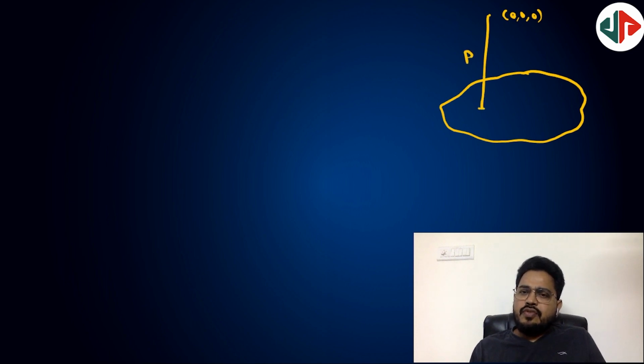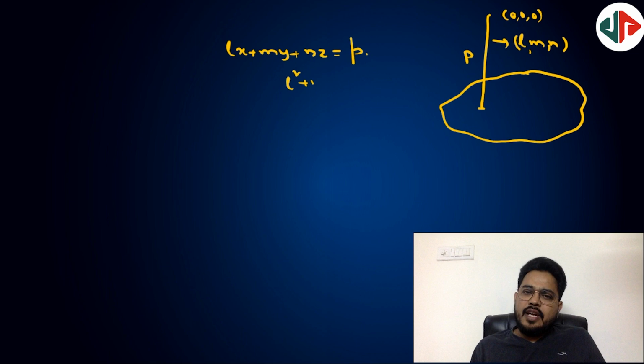So you find the DCs of this normal, l, m, n, then the plane equation will be lx + my + nz = p. Here the simple thing is l² + m² + n² should be equal to 1.